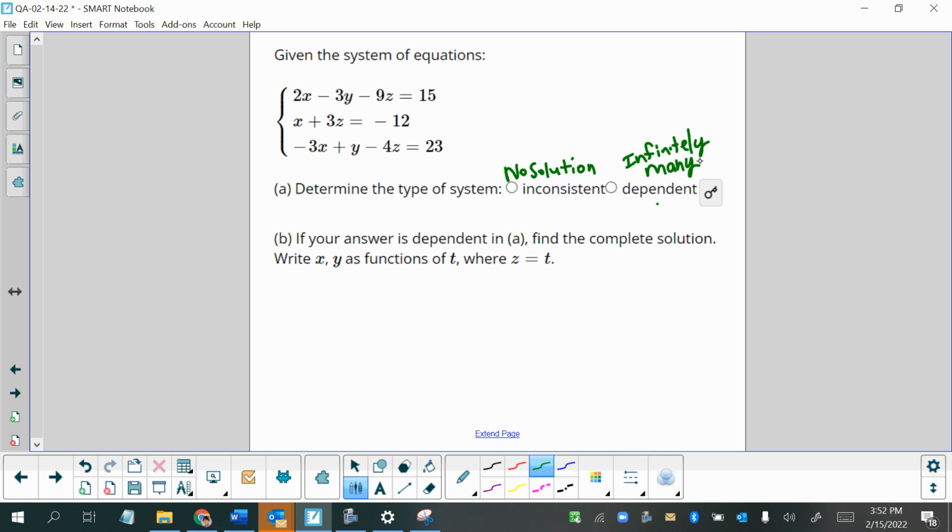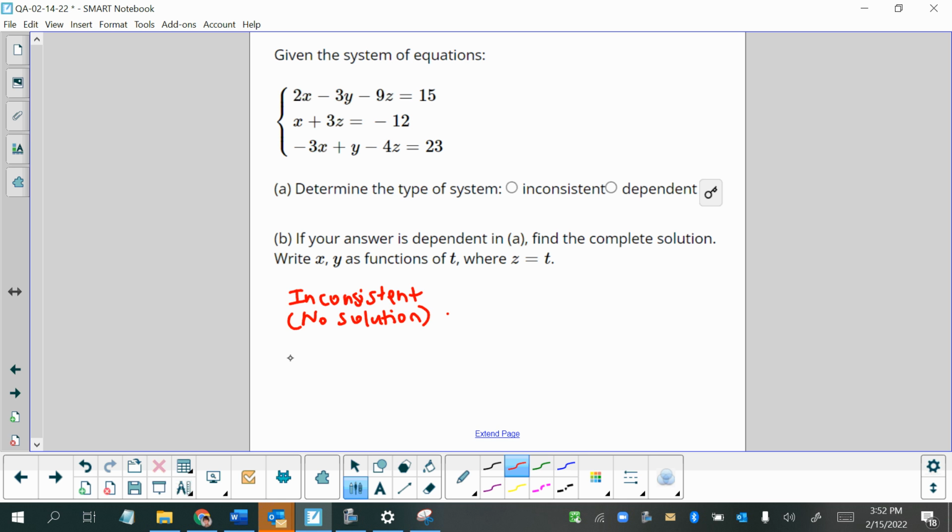Inconsistent is the same thing as no solution.